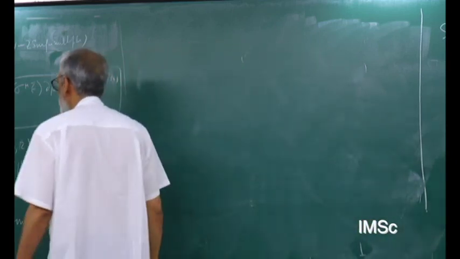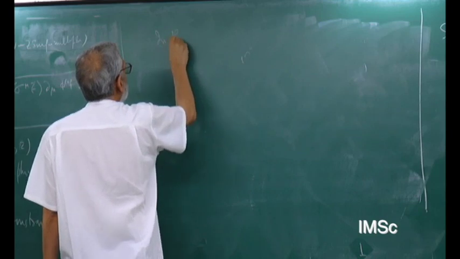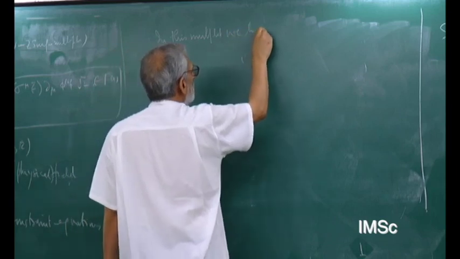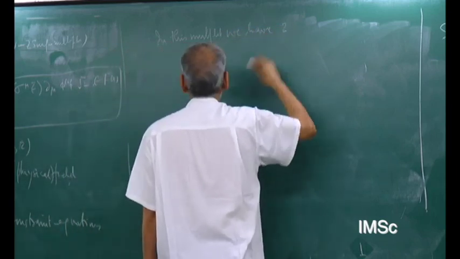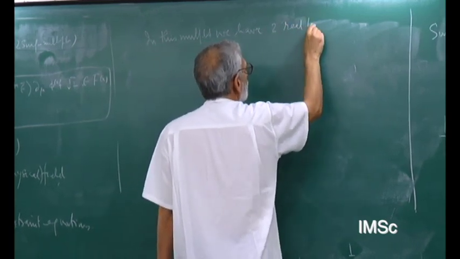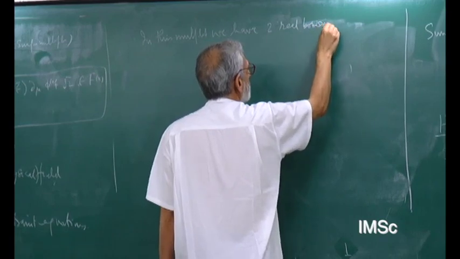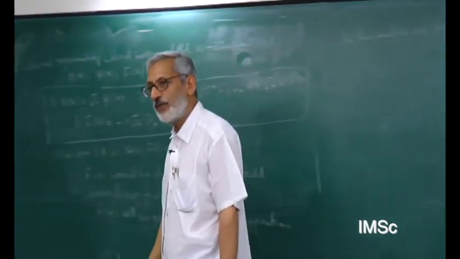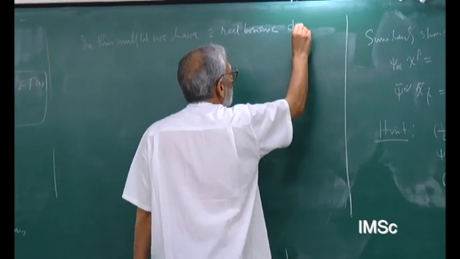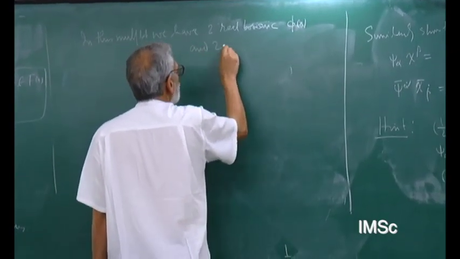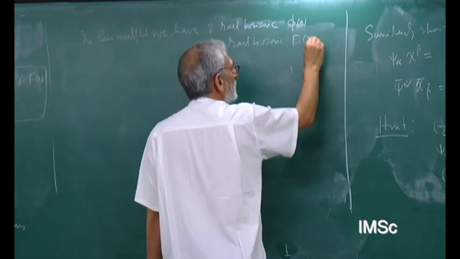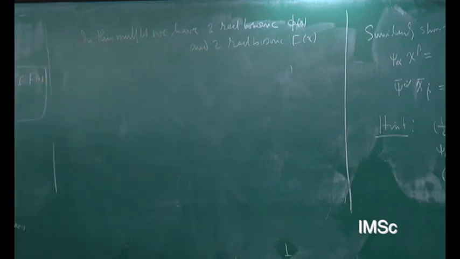Second observation, in this multiplet, we have two real bosonic fields, because a complex field is made up of two real bosonic fields, phi of x, and two real bosonic fields in F of x, because F is also a complex field.